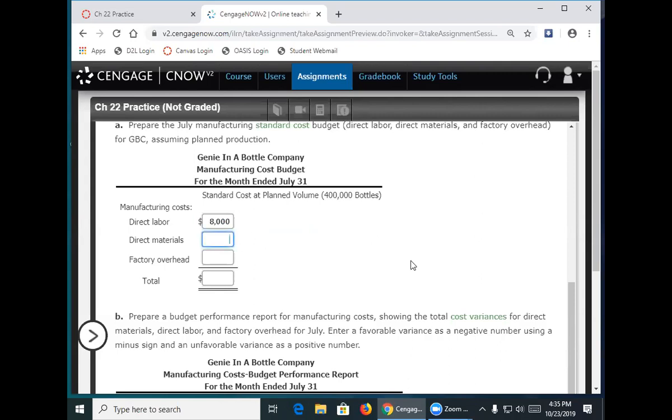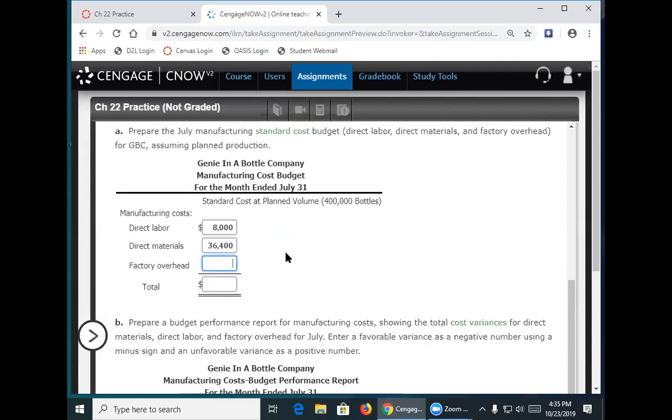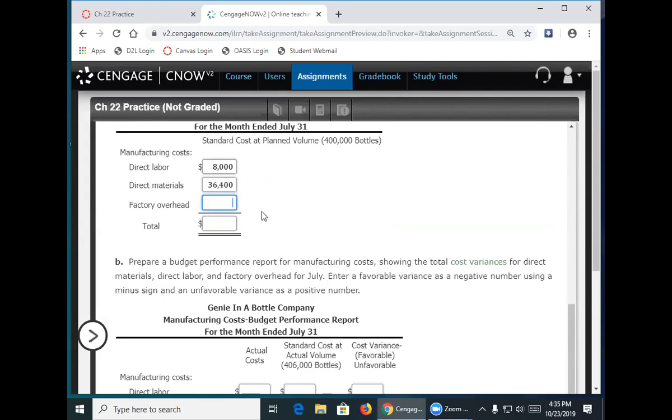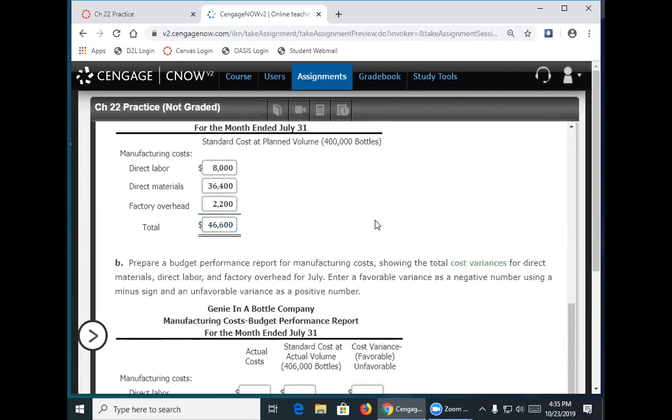Very good. 36,400. So the $9.10 times 4,000. And then factory overhead is what? 55 cents times 4,000. So factory overhead would be 2,200. So all total, our standard cost at 400,000 bottles would be 46,600.